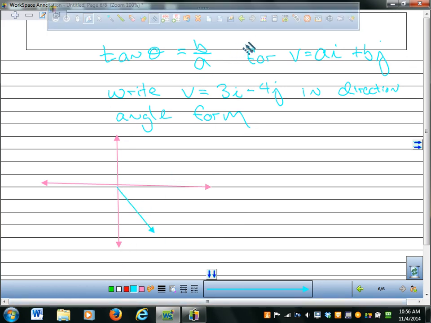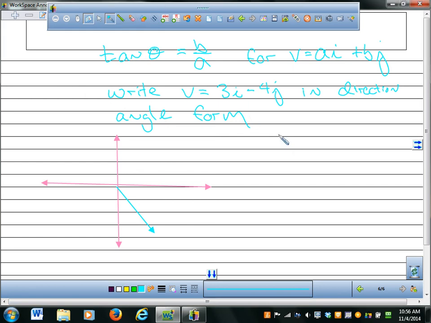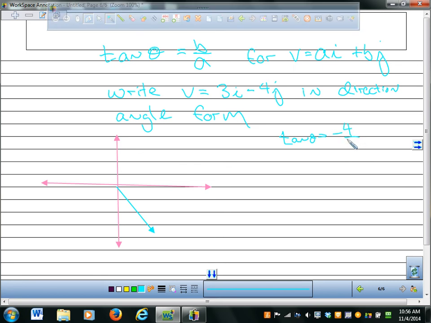So to find the angle theta, you know that the tangent of theta equals b over a. So in this case, it's going to be negative 4 over 3. How do I find what theta is? Inverse tangent, but you have to be really careful, okay? That's why I drew a picture of it.